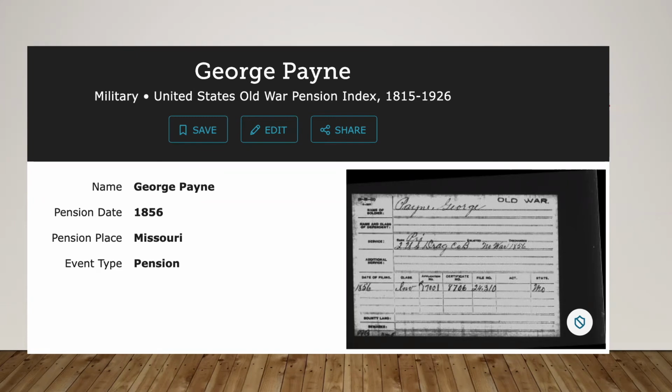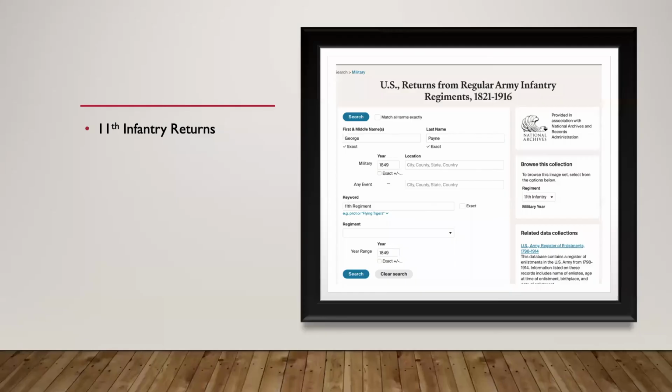Now, the Old War pensions are not digitized, so that means we're going to have to wait till we get to the National Archives to look for it. But I have more information that I might be able to deal with on Ancestry. And that is, remember, he was in the 11th Infantry. Well, there are Returns from U.S. Regular Army Infantry Regiments, 1821 to 1916 on Ancestry.